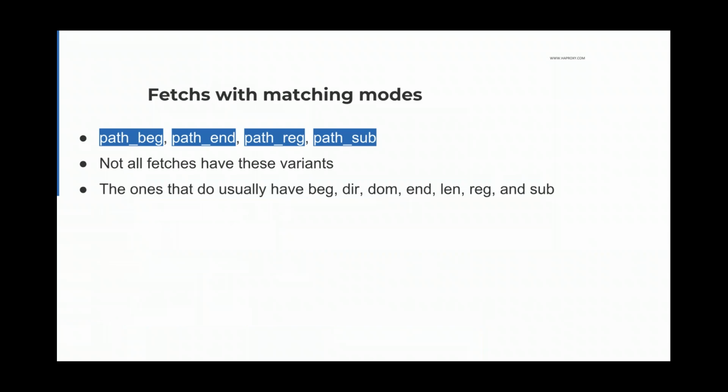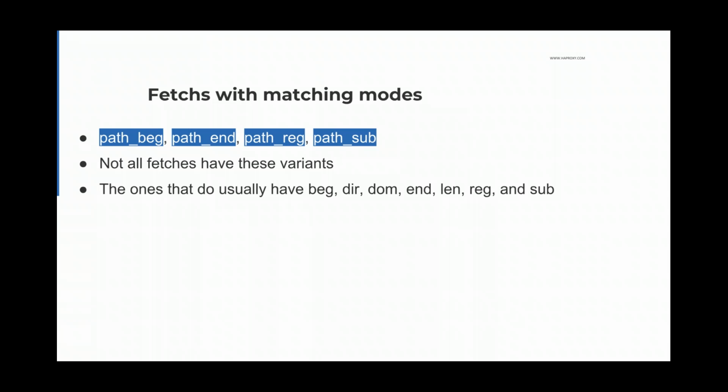Some of the fetches have built-in match modes. These are simply shorthands. For example, if I want to detect the beginning of a path, instead of doing path -m beg /admin, I could do path_beg /admin, and that will do exactly the same thing.